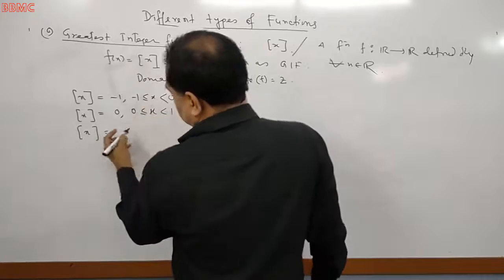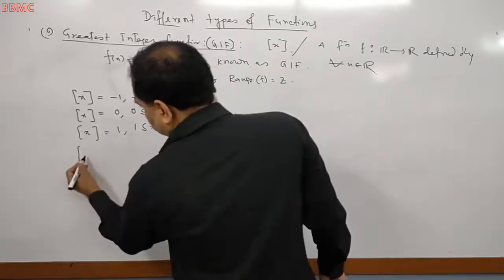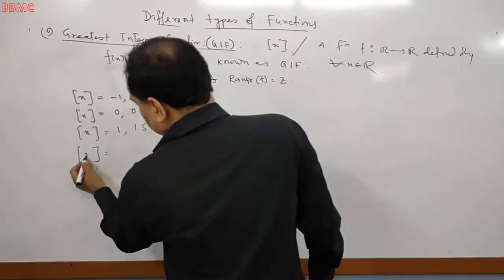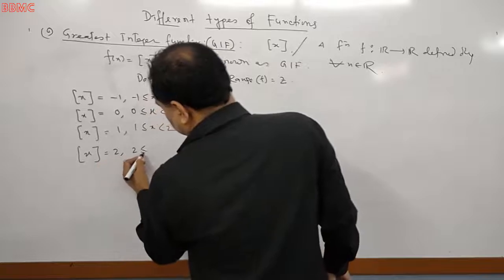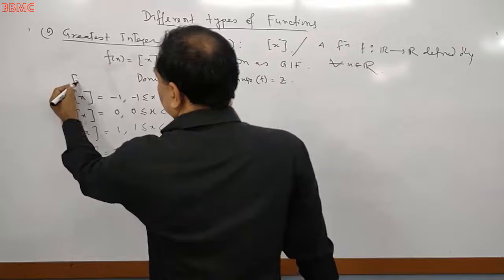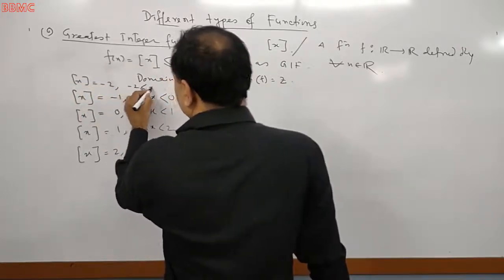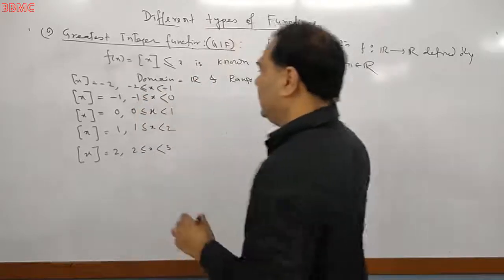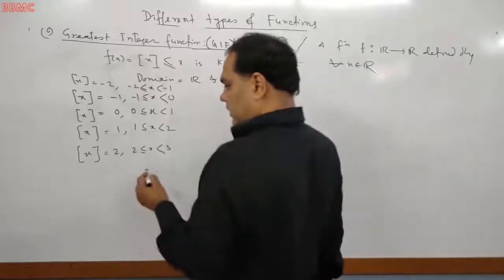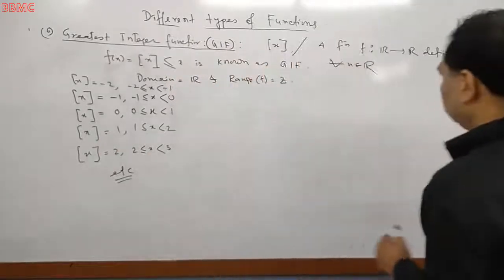From this definition, 1 less or equal than x less than 2. Similarly, 2 less or equal than x less than 3, like that. Similarly, you can also write [x] is equal to -2 when -2 less or equal than x less than -1, in this way, etc. Now if you draw this diagram, what will happen?